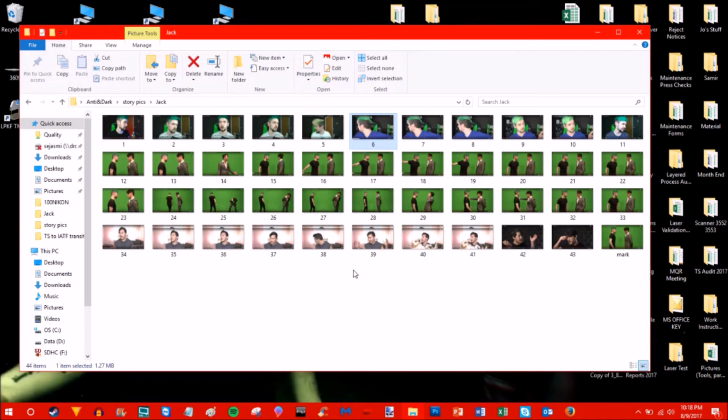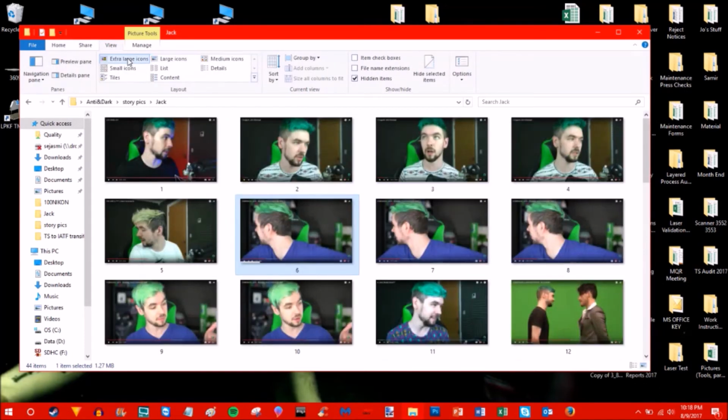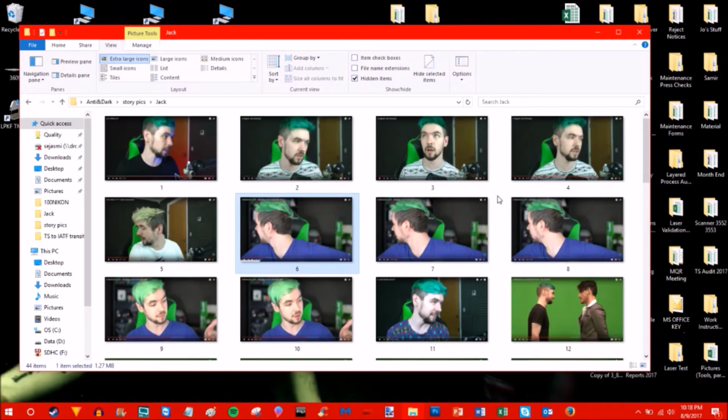Now, I can't stress enough how important it is to have a metric ass ton of images. And these images look weird looking at them like this, but once I start editing them, that's when it comes to life.